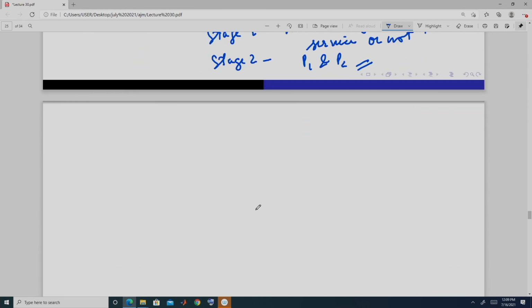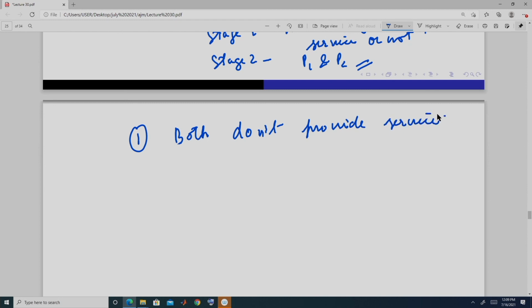Suppose the first case, case 1, both do not provide the service. So, the utility that the consumer gets is V minus P1 if it buys from A, and V minus P2 if it buys from B. V is the utility and it does not get any services, so it is the same. So, here what is going to happen?